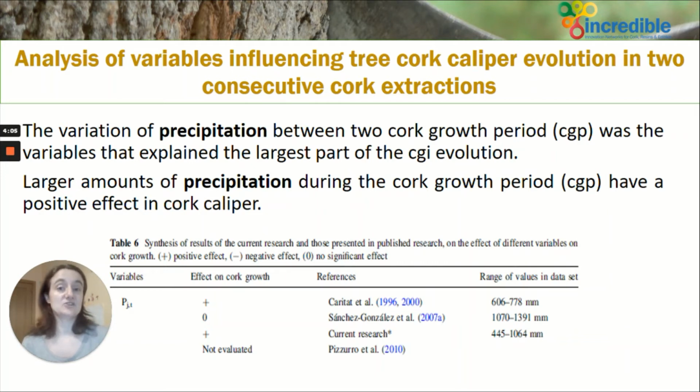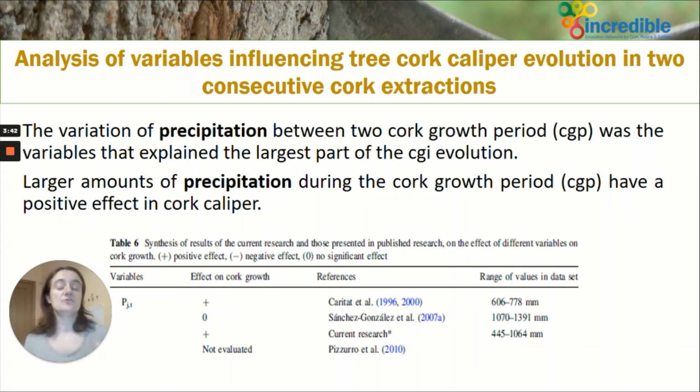For our range of values of precipitation that you can see here in this table, we saw that there was a positive effect, meaning that if there was an increase in the precipitation from one cork growth period to the other, then this would mean an increase in the cork growth index.